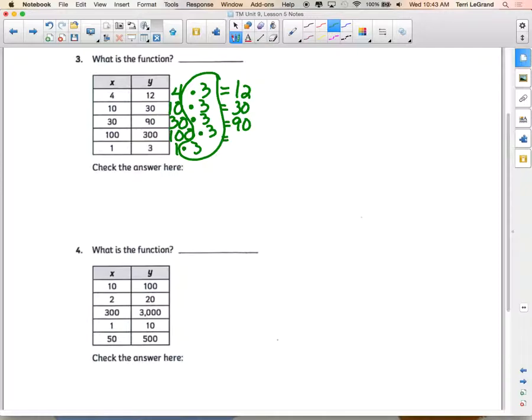So you should not even be looking at your table until you have done all of the multiplying the inputs by 3, and then you should check to see if all your y values match up. Then you can feel pretty confident it's time to set up the equation, the function.